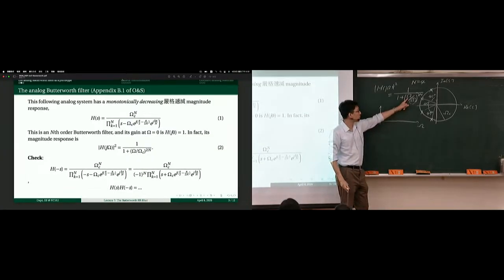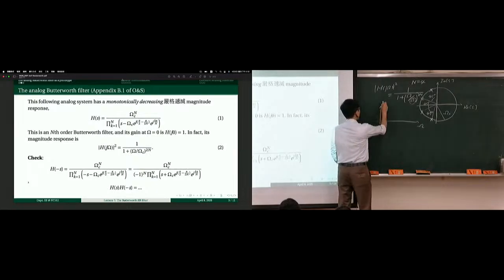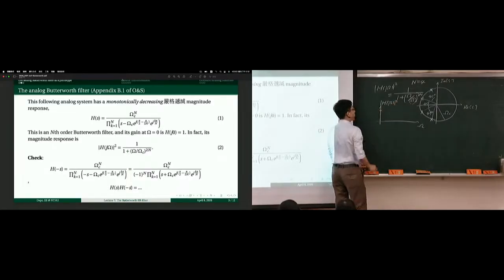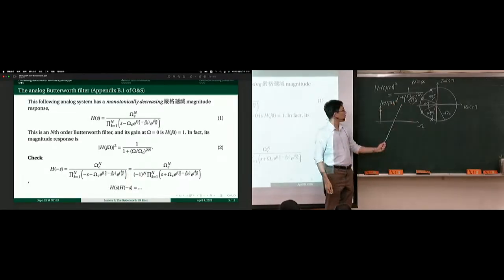Let's make a sketch. If omega equals 0, what's the gain? The gain is 1 divided by 1, so the gain is 1.